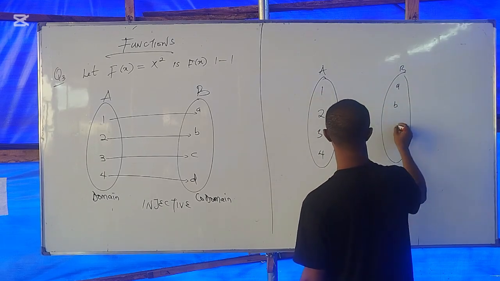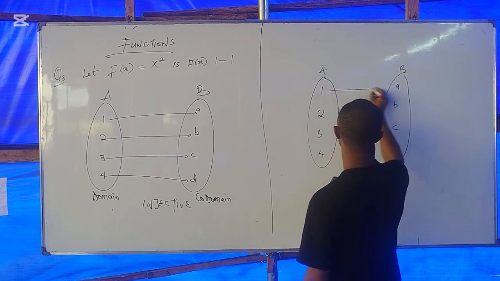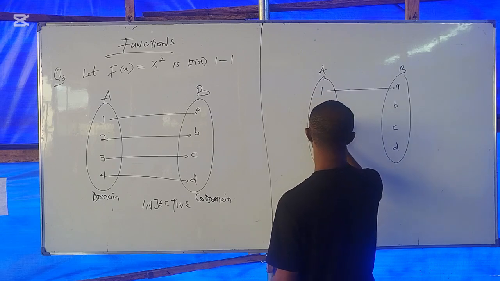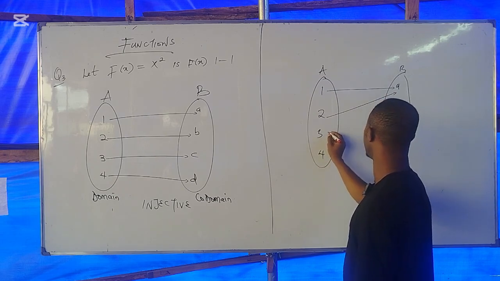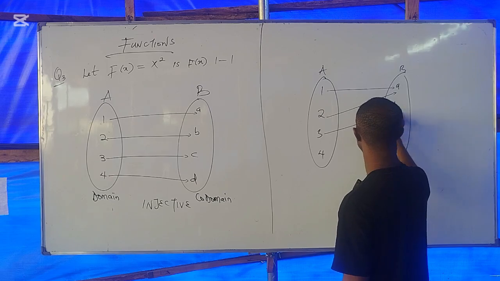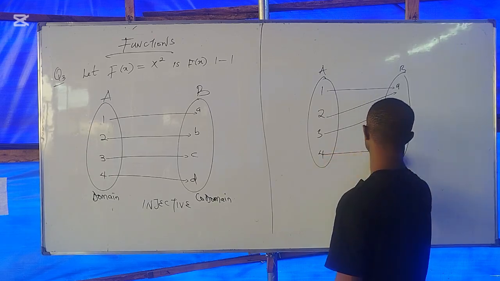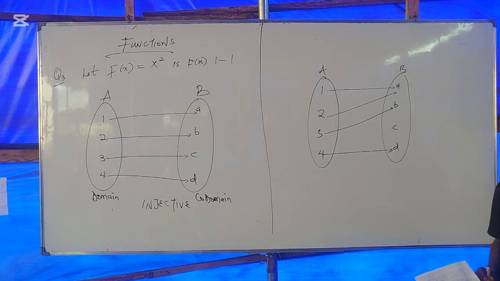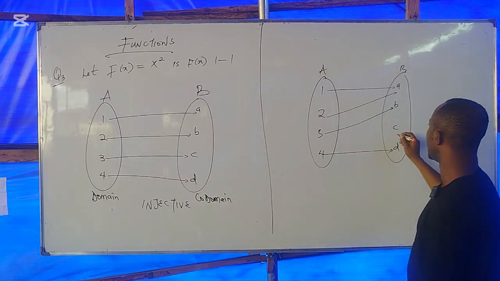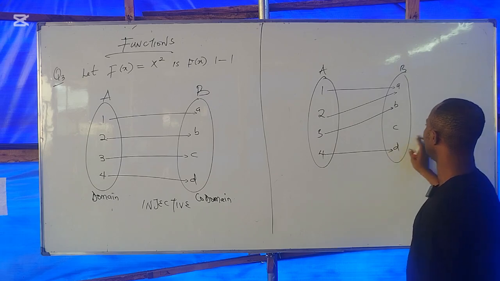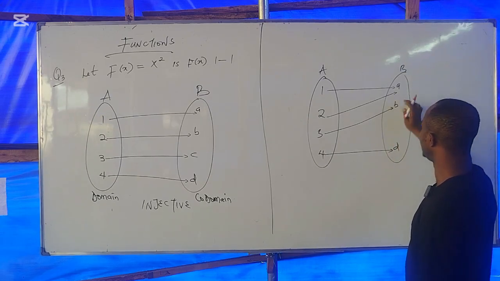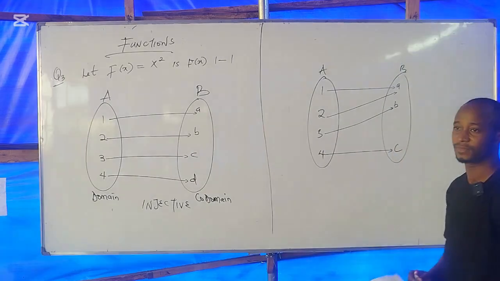Let's say 1 is mapped to A, 2 is mapped to A again, 3 is mapped to B, and 4 is mapped to D. If I map it this way, it will no longer be a function. Let me remove this. Let's say we have A, B, and C. Are you following?